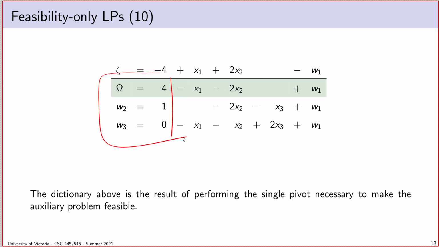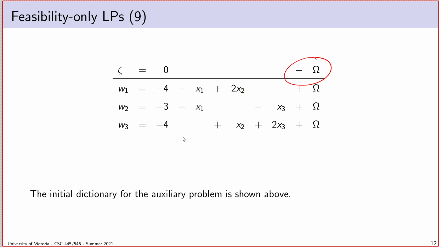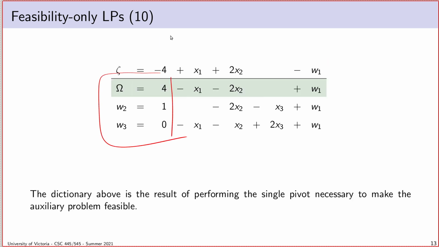Notice that, and this is a good primer for the rest of this lecture, the objective function value was 0, but the dictionary was infeasible. I performed this strategic pivot, something that the simplex method would never do, to make the dictionary feasible. In so doing, I get a feasible dictionary, but the objective function value goes down.